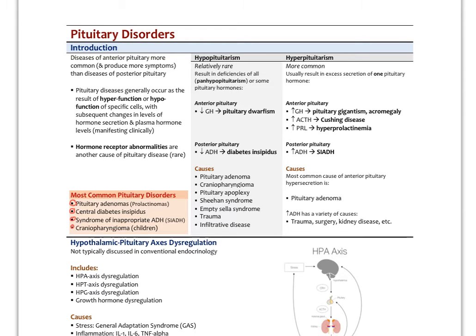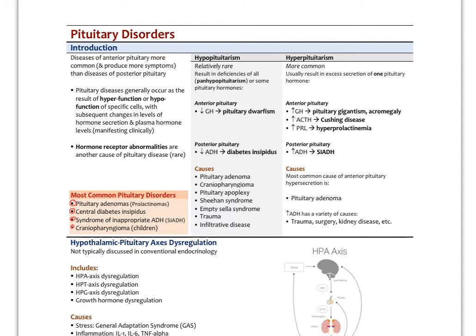So if we look at hypopituitarism, this is a lot less common than hyperpituitarism, so low secretion is less common than elevated secretion. It can result from a deficiency of a single hormone, but typically we get what's called pan-hypopituitarism. That can be the entire gland stops secreting all of its hormones, and we're going to have downstream problems with cortisol, with thyroid, with sex hormones, and so forth.